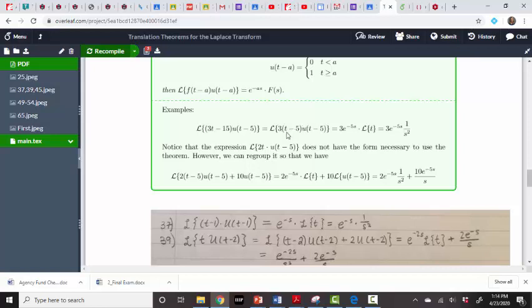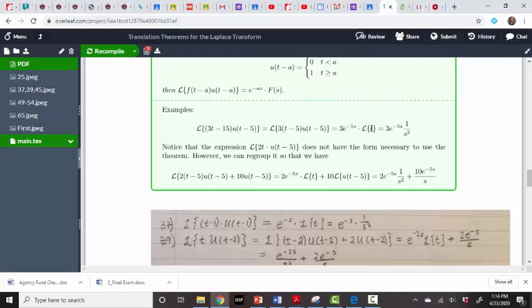And then that gives us, so our f of t is 3t, and then u of t minus 5. Because the function is f of t minus a times u of t minus a, then we are able to write e to the negative as. So a was 5. The 3 is just a constant, so you keep that. Remember, the Laplace transform is using an integral, so constant multiples just remain.